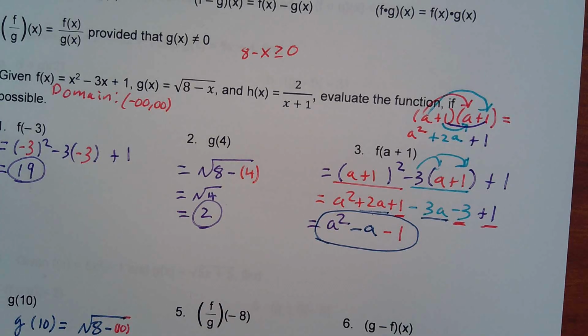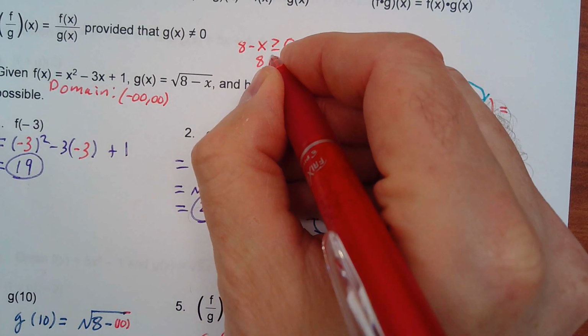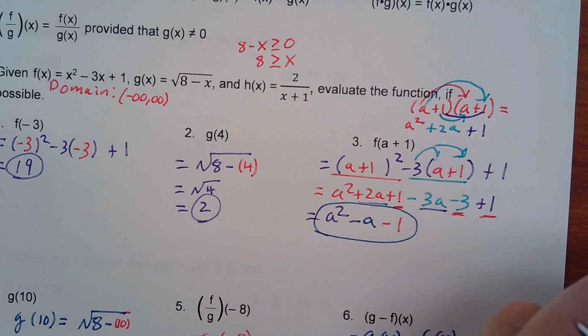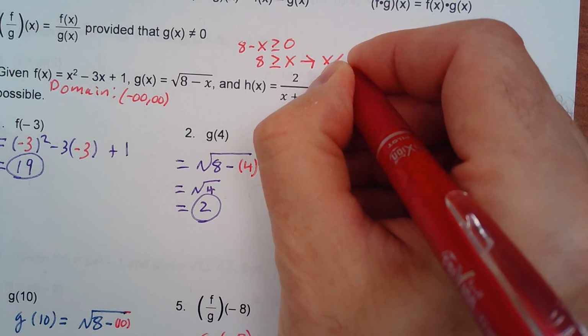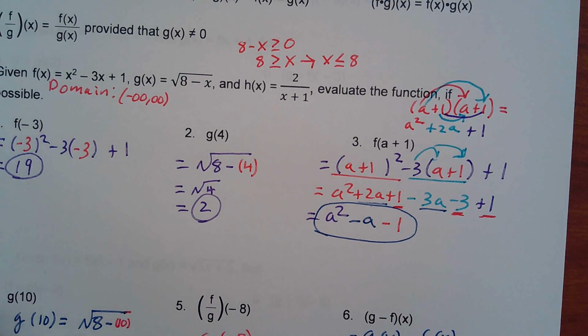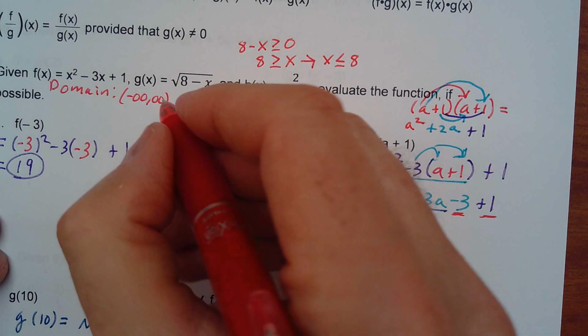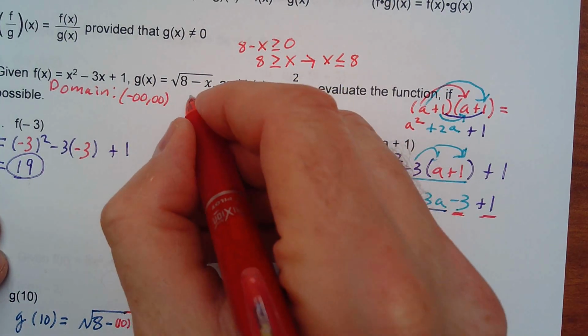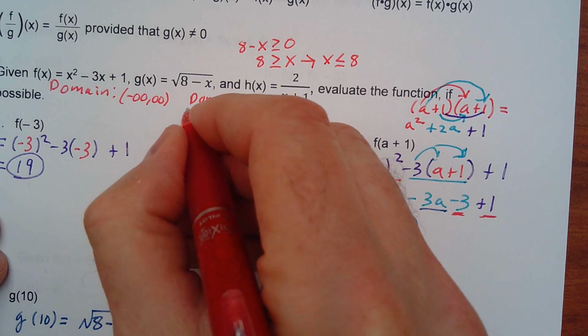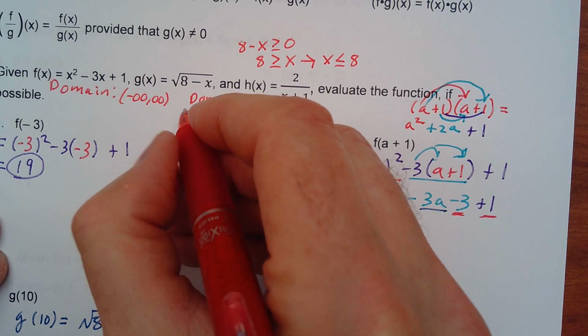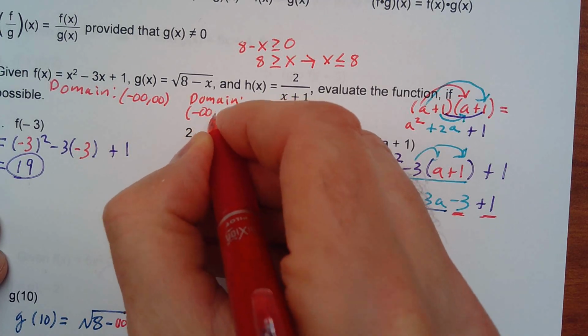If I go ahead and add x to both sides, 8's got to be greater than or equal to x, which is the same thing as saying x has got to be less than or equal to 8. So my domain here for this one would be negative infinity to 8.